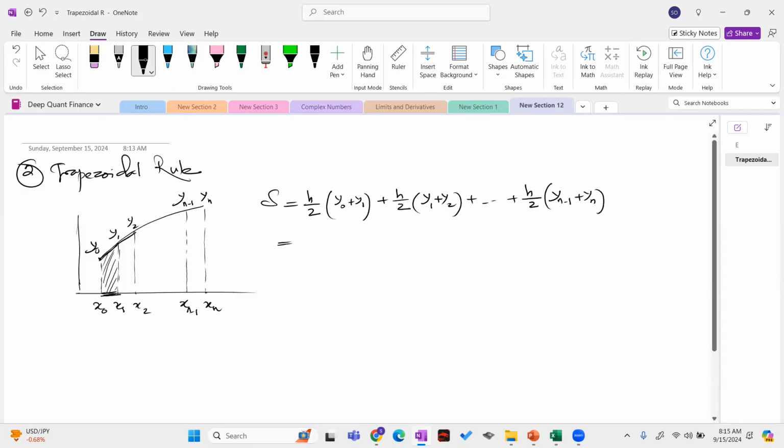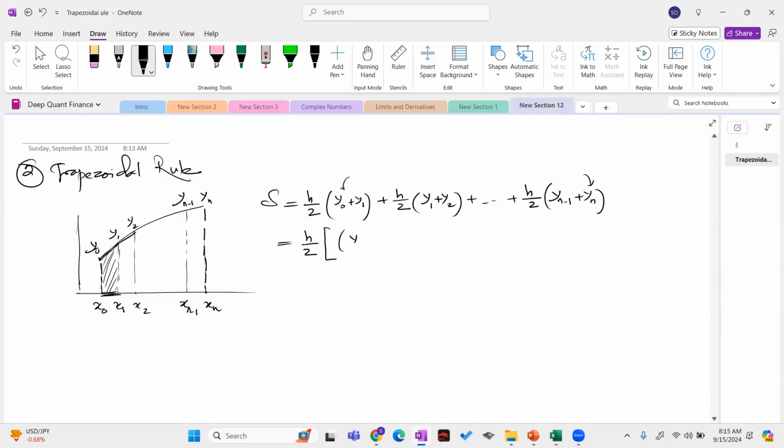Now, if you see this, you can take h by 2 common. One thing you can notice is that the first point and the last point will come only once, because this height is not shared with anything, and this height is not shared with anything.